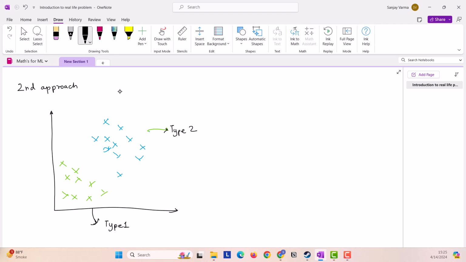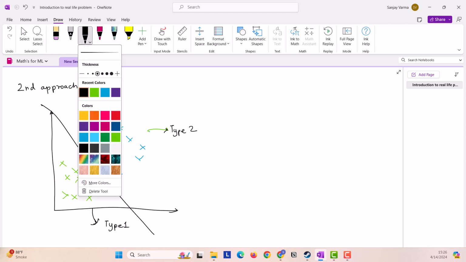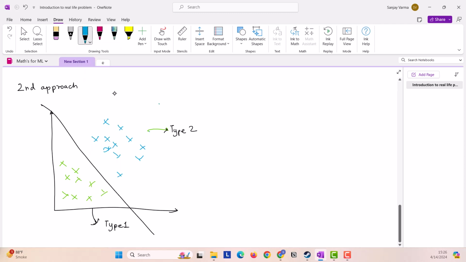So based on this, we can separate the points by a simple line. So let's say if I draw a line here. So now we have separated the data points. Now, if a new data point comes in, let's say a new data point came up here or here, right?